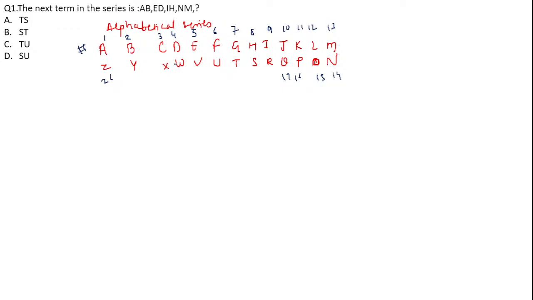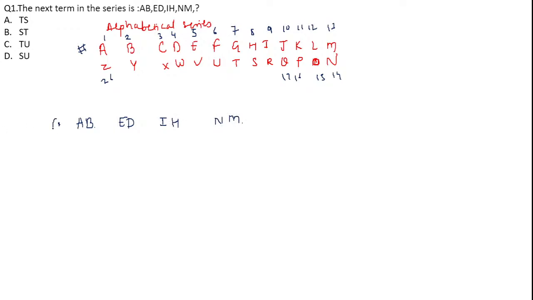So let's write down the series first. AB, then ED, then IH, then NM.